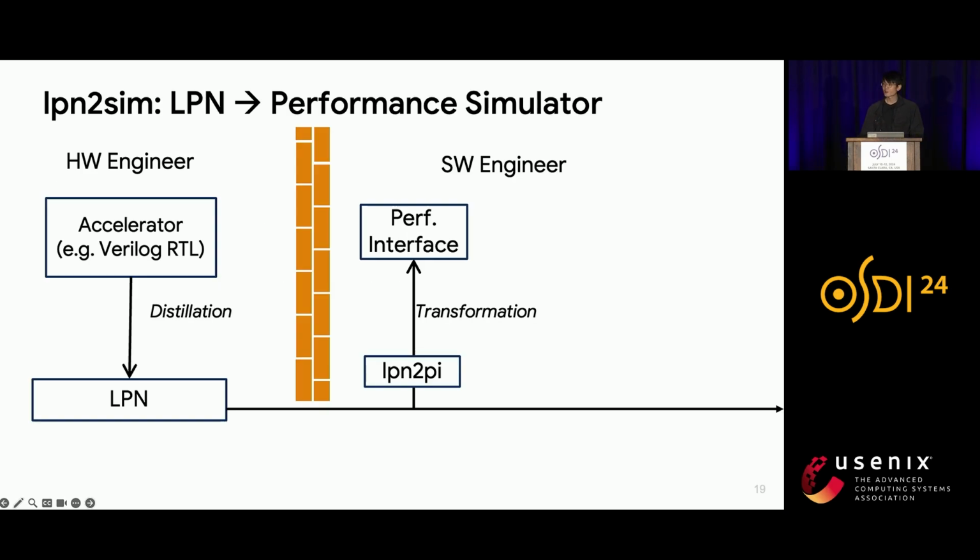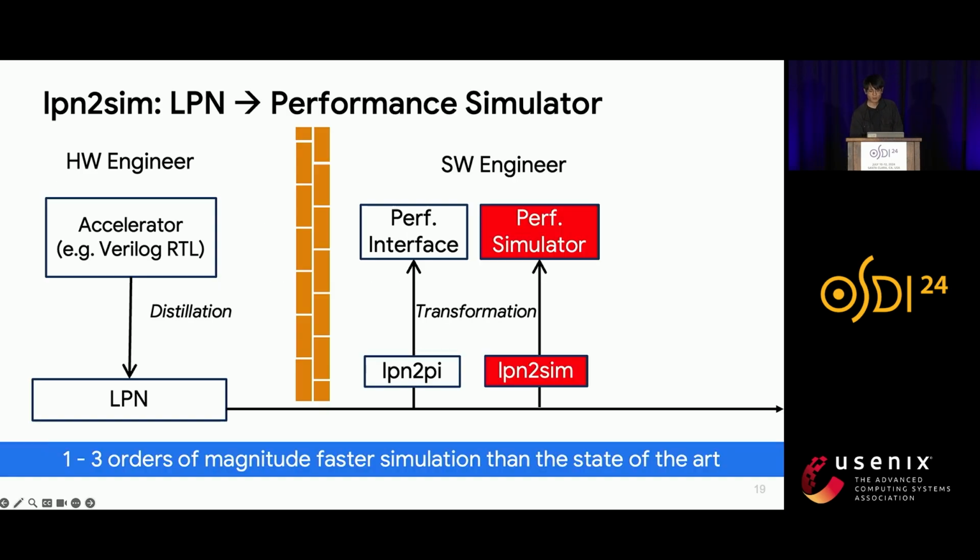We extended the transformation toolchain with LPN2Sim, which produces a fast performance simulator. The simulator produced is 1 to 3 orders of magnitude faster than a state-of-the-art RTL simulator. Workloads that depend on simulators, which normally take hours, now take seconds to run. So what used to be a batch mode workflow is turned into an interactive mode for software engineers.